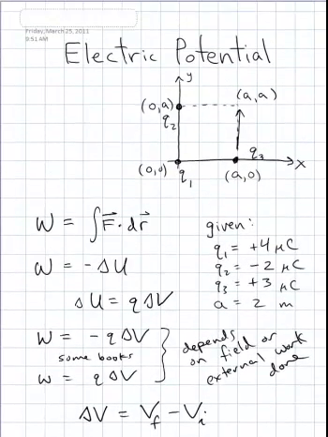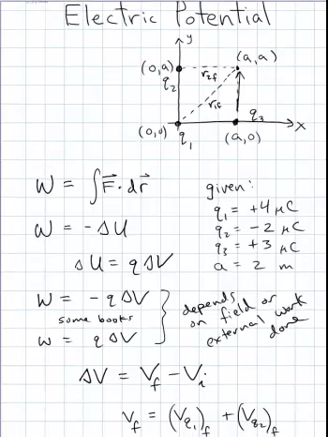The final location is here at A, and the distance from Q1 I will call R1 final, and the distance from Q2 I will call R2 final. You can see that the distance from Q1 is just the hypotenuse of this triangle, or the diagonal of the square, if you want to think of it that way. And the distance from Q2 is just the side of the square.